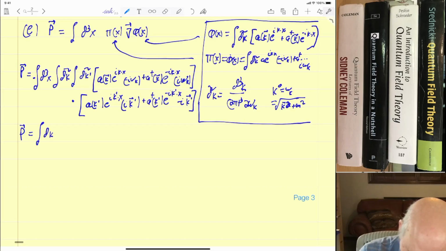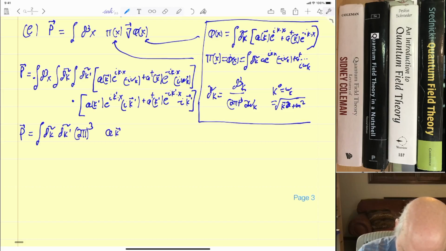The integral of d k tilde. And then when we integrate over the exponentials, we get 3-dimensional delta functions. So we no longer have an integral over x. I'm doing that in my head here, as should you. We get a 2 pi cubed, because the integral of an exponential gives 2 pi cubed. Now I have 4 terms. I'm just going to write them out.